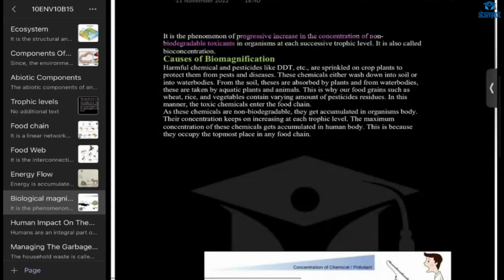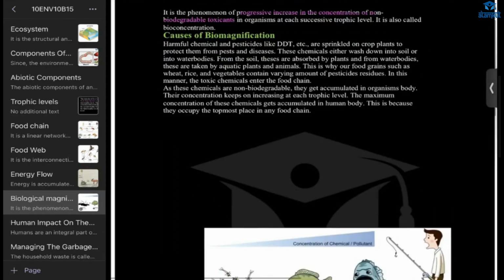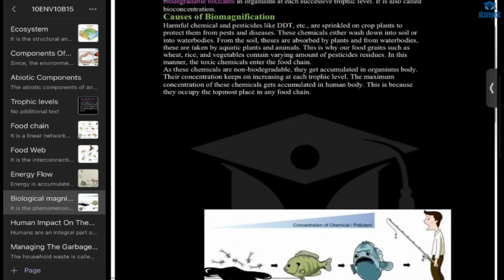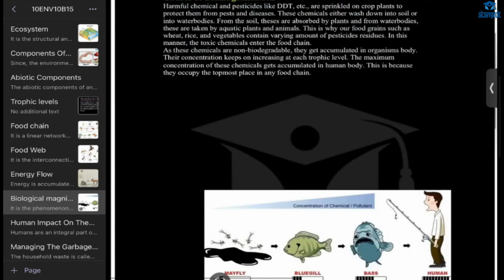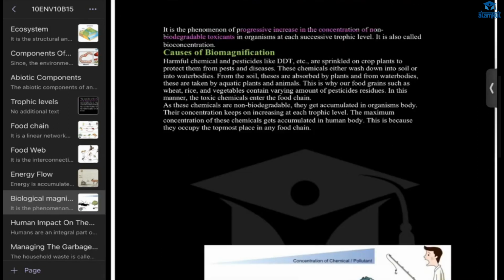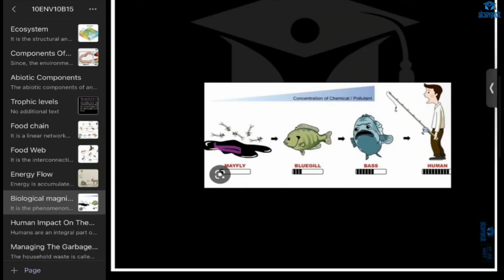So that's why they are called non-biodegradable. So what happens here is that from one trophic level to the next, the concentration keeps on increasing. This is called biomagnification.